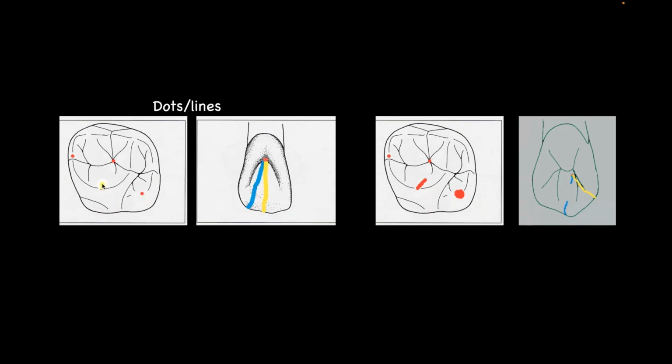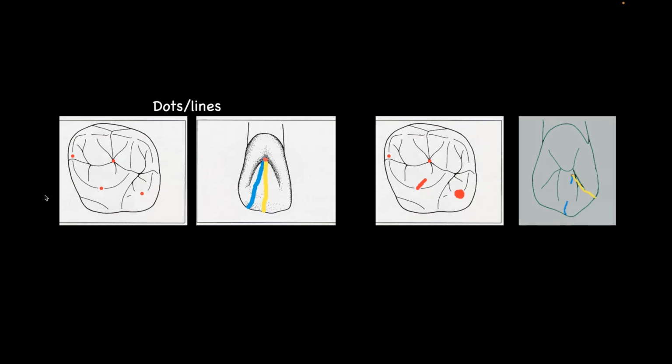I want to hit my opposing arch, whether that is on a marginal ridge or in a fossa. I want to make sure that I'm creating a dot where I'm actually hitting the opposing occlusal dentition. And that should be almost every posterior tooth, whether it's one dot, two dots, or three dots.